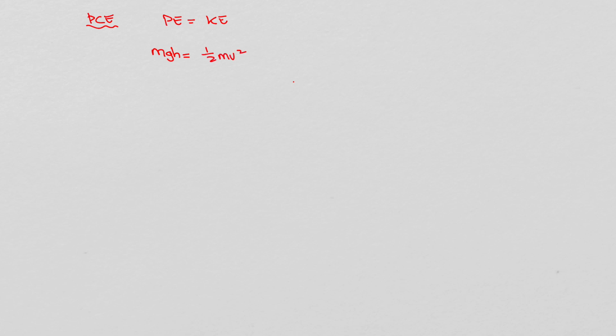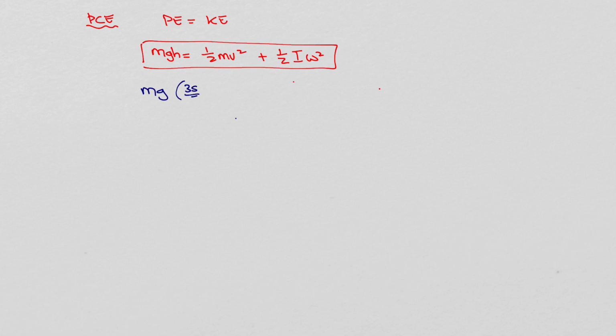As it's moving down, it'll have both linear kinetic energy and also rotational kinetic energy. So our mass of the disk is m times g, and height we said was 3s over 5, and that's going to equal a half m v squared plus a half I. Our moment of inertia we said was a half mr squared times omega squared, our angular velocity.